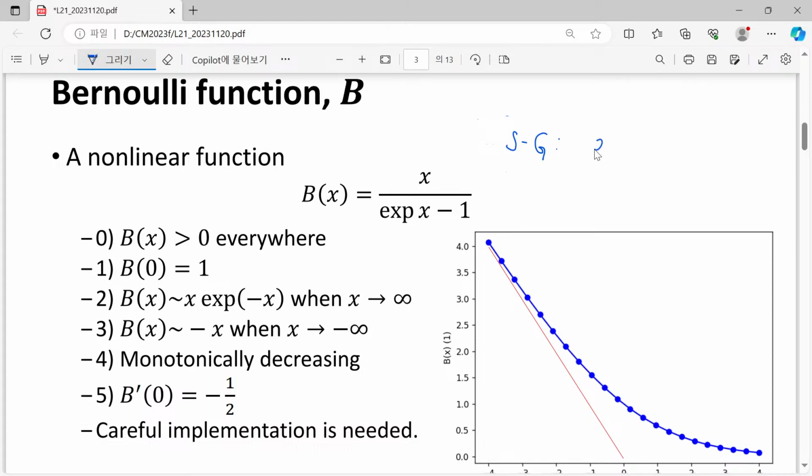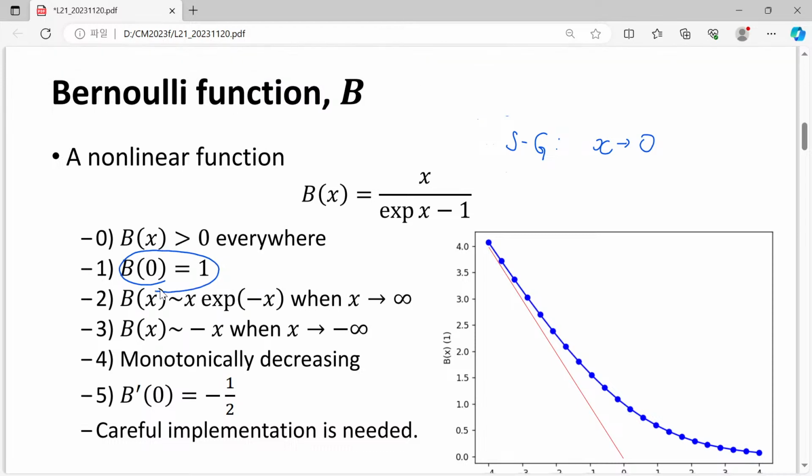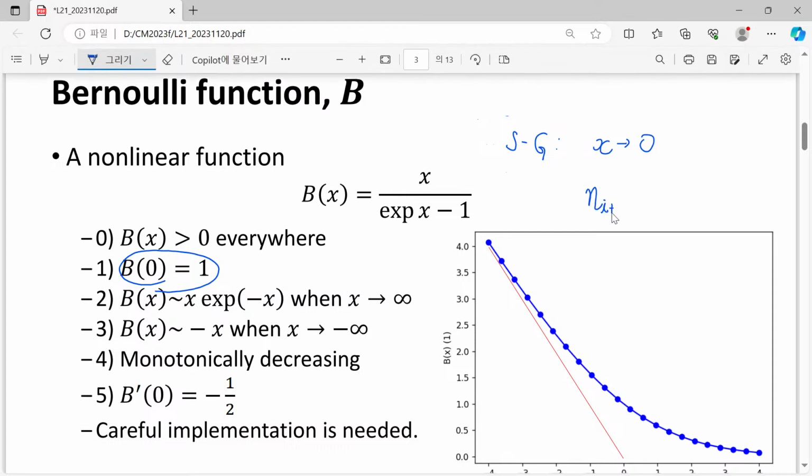If we have x equal to 0 or quite close to 0, then you know that here we have this condition: the Bernoulli function does not contribute any special number. Here we have 1 minus a certain Bernoulli function and minus another Bernoulli function with a certain input argument.